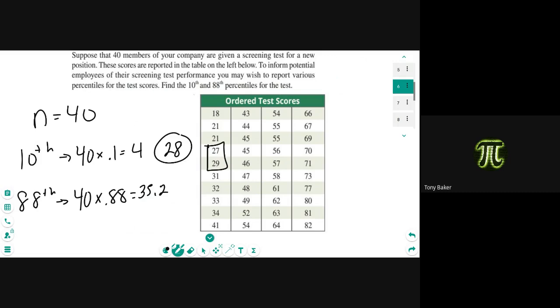It can be a number that's not in the list. Your 88th percentile was 35.2. Is that an integer? No. So I round up, and I'm looking at the 36th number. And that'd be 73.